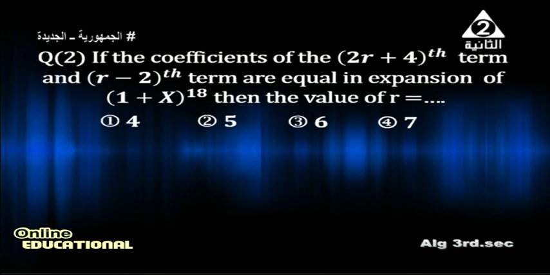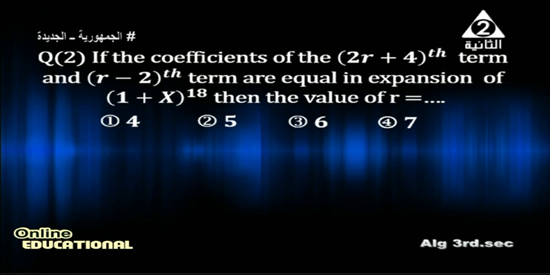My dear student, we have an equation between the term of order 2r plus 4 and the term of order r minus 2 in the expansion of (1 plus x) to the power 18.